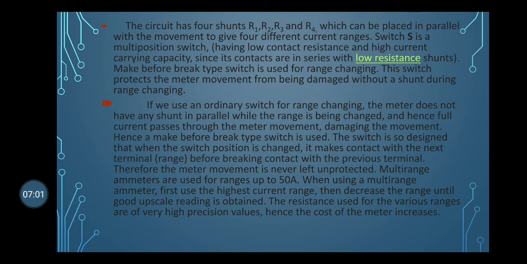The contact of the switch is in series with the low resistance. A make before break type of switch is used for changing the range of the current or the resistance.